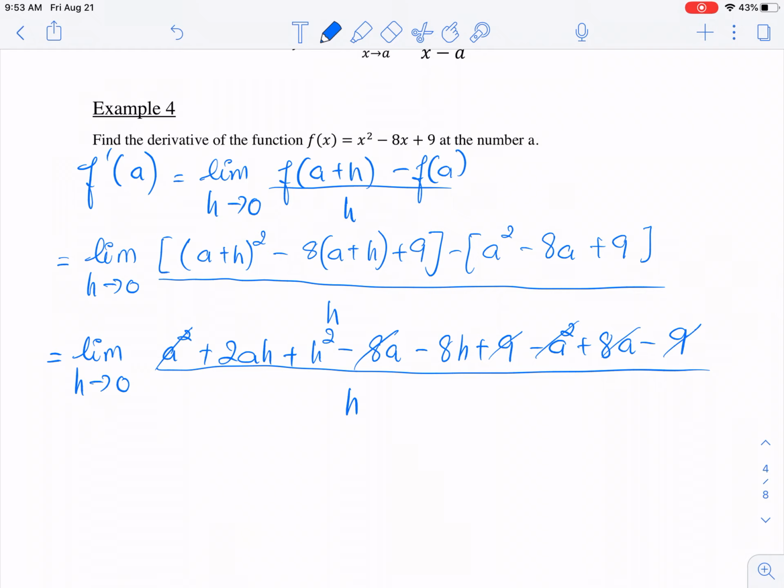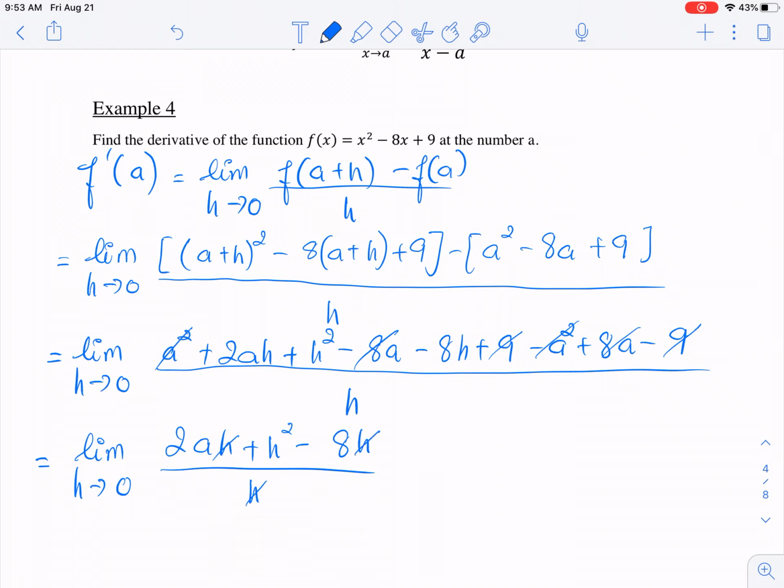So we ended up with the limit as h approaches 0 of 2ah plus h squared minus 8h divided by h. The whole point is we want to cancel out the h.